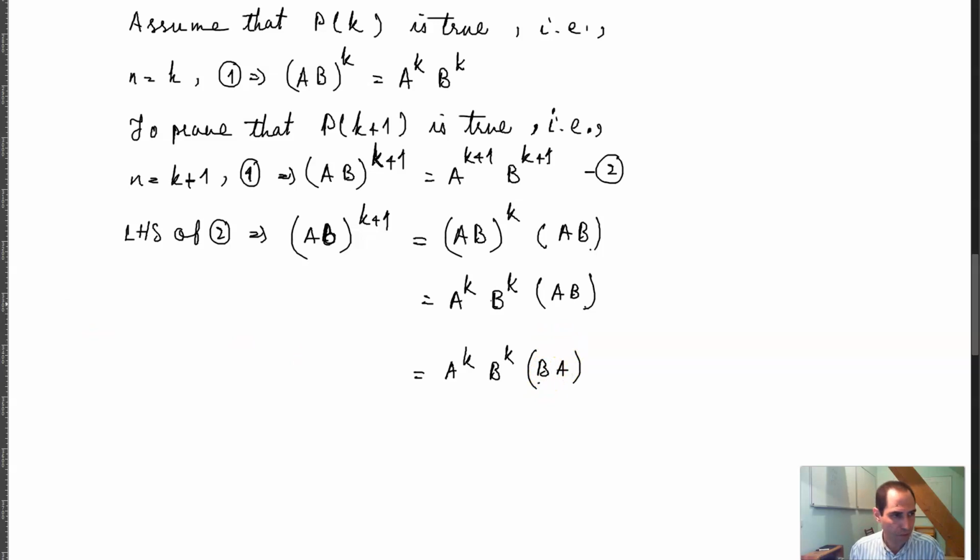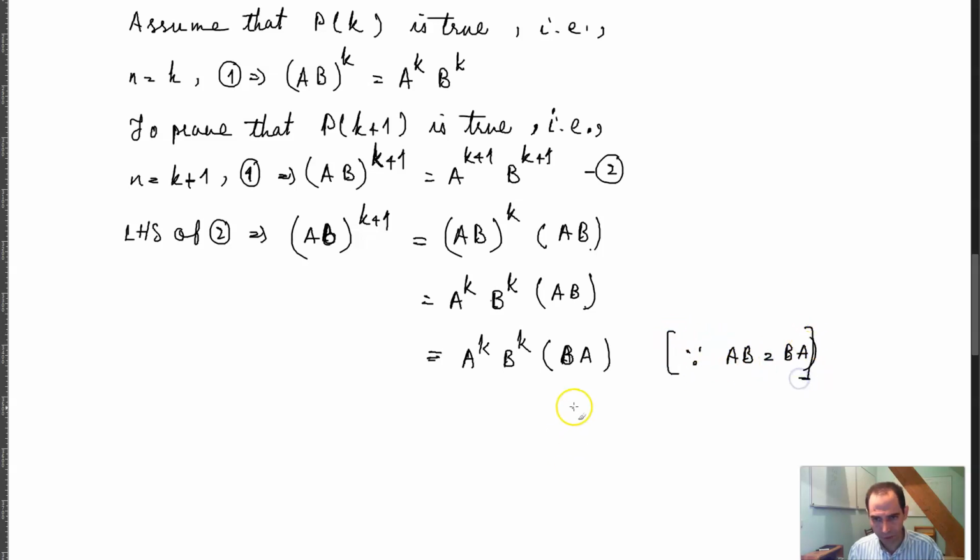Therefore, since I know that AB is equal to BA because A and B commute, I can write A raised to the power k times B raised to the power k, and instead of AB, I can write BA, because AB is equal to BA.